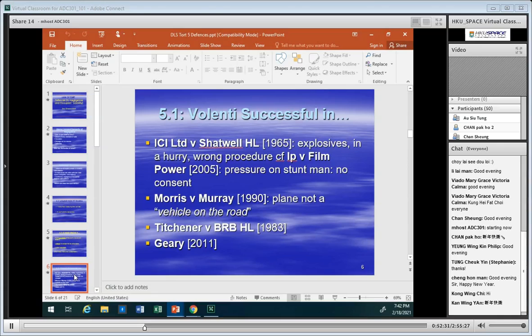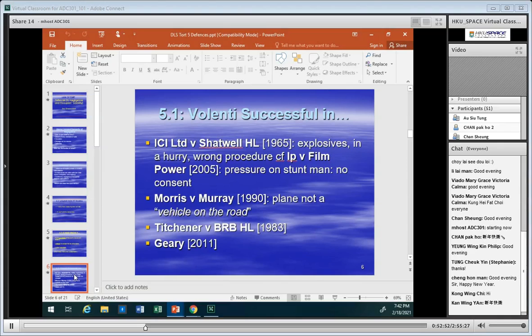Also, in other cases, which are in your course manual, Titchener, where's Titchener? On page 121, Titchener v British Railways Board, the court found that there was volenti. There wasn't actually an agreement as such.